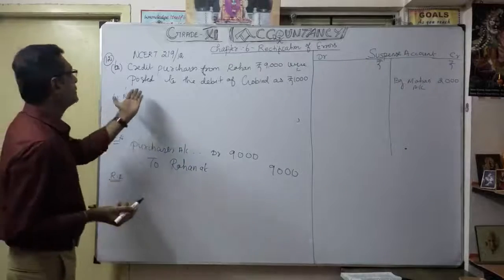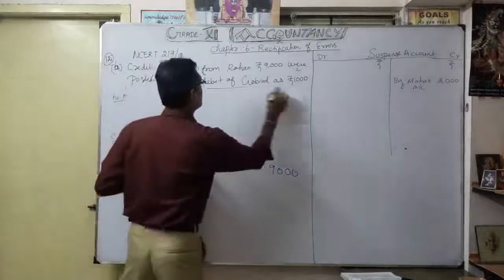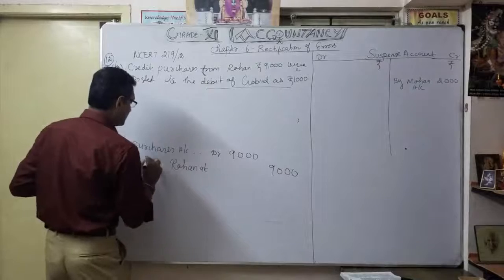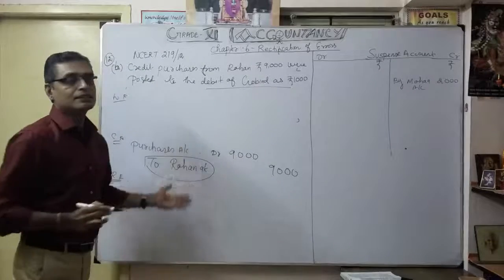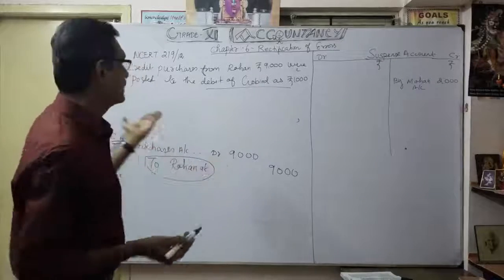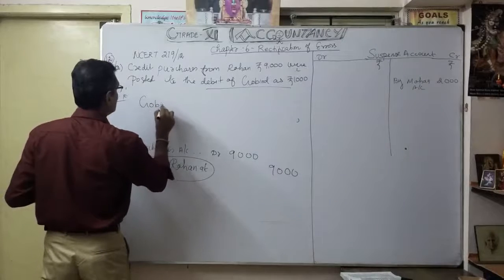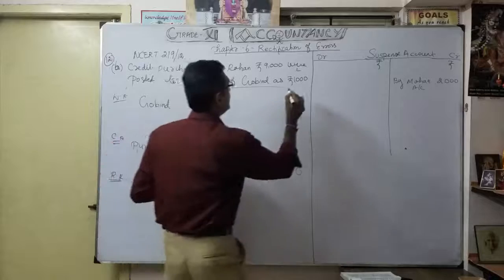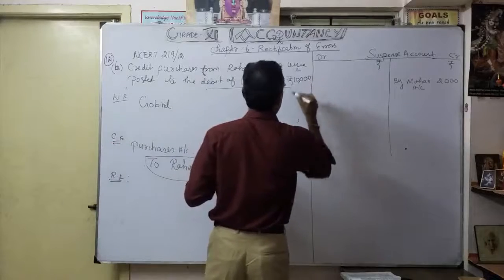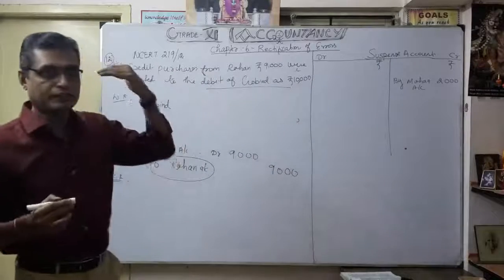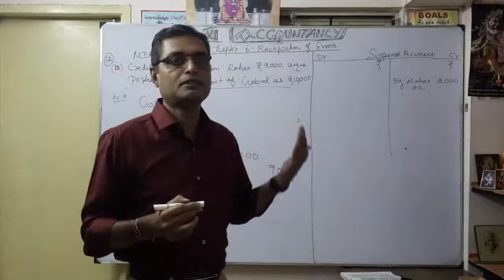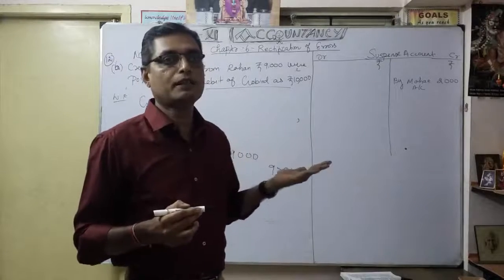But what happened? Posted to the debit of Gobind. Usually, in a credit purchase we credit the supplier. But what happened? They did the debit of Gobind, and they wrote 10,000. Sorry, so the amount is also wrong. So the supplier is wrong, on the debit side, and the amount is also wrong, 10,000 instead of 9,000.